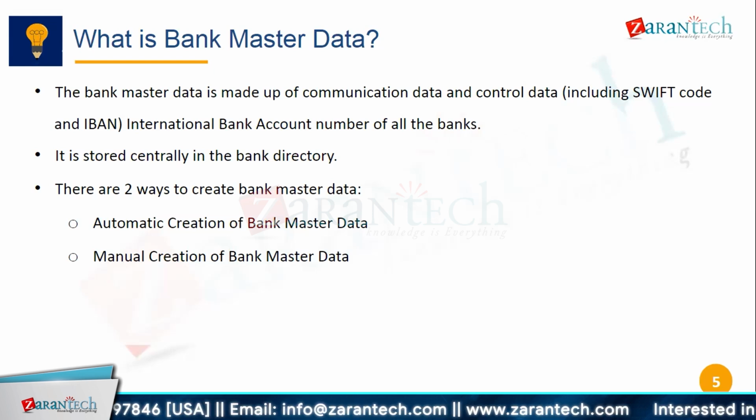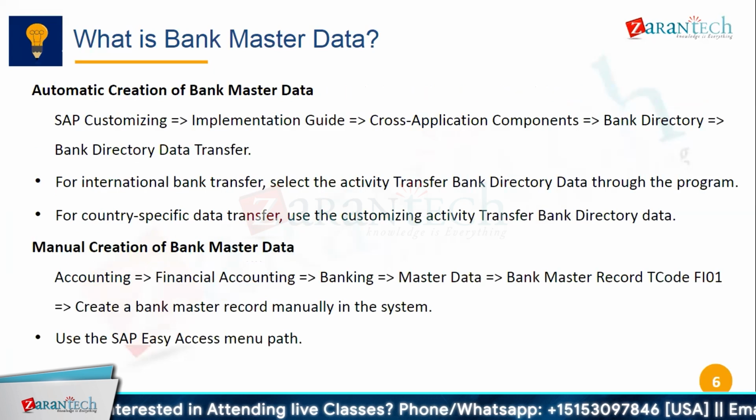Bank master data is made up of communication data and control data, including SWIFT code and IBAN, the international bank account number, of all banks. It is stored centrally in a bank directory. There are two ways to create bank master data. Either you create it automatically or it's a manual creation. If you're going for an automatic creation of bank master data, you will first need to get a file from the bank.